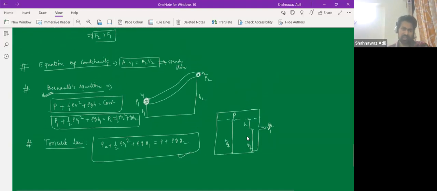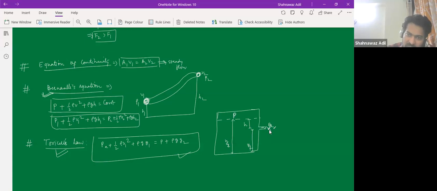So please note down. These are the results that I have written directly. You guys solve these. These are important, right? And when you look at Torricelli's law and compare it with Bernoulli's equation, you will see that at this point we have atmospheric pressure, the speed V1, and the height y1.